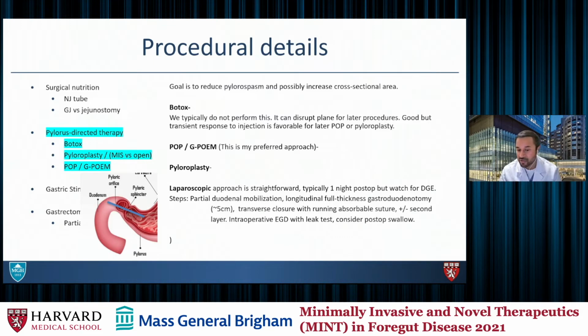And then we close this in a transverse fashion with absorbable sutures. And if there is enough tissue, we do a second layer with silk sutures to make sure that there's good coverage. Then we perform an intraoperative EGD with a leak test, and oftentimes postoperatively, we get a swallow study to make sure there's no leak before we start feeding the patient. This is the classic Heineke-Mikulicz pyloroplasty that I just described.